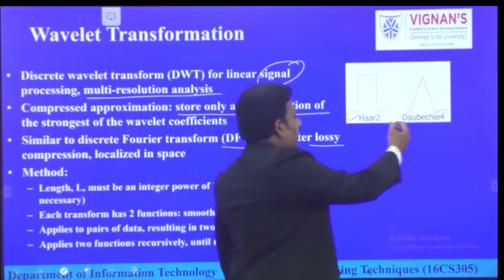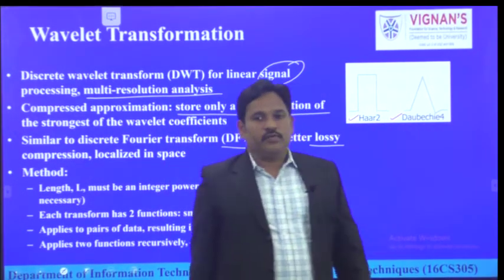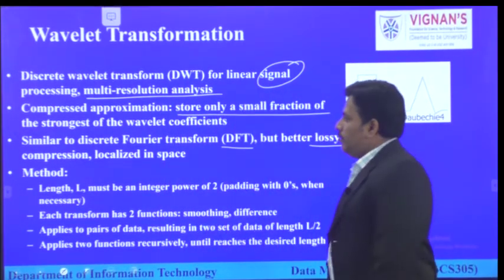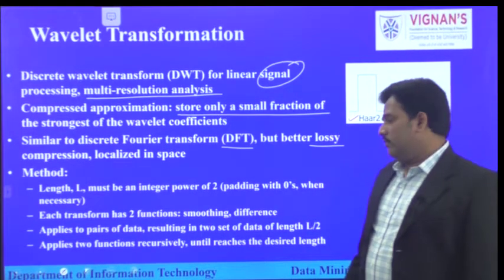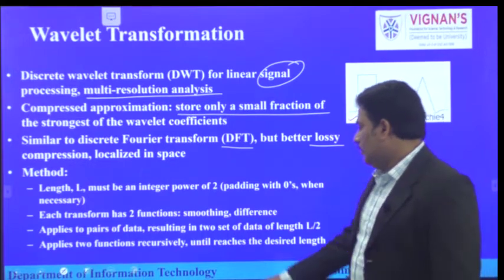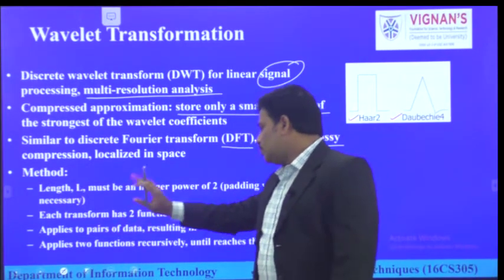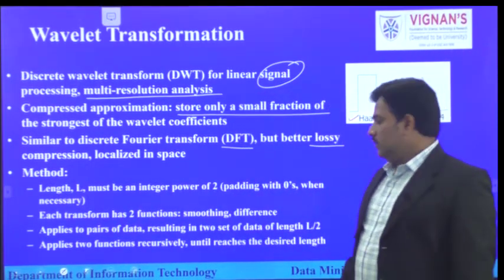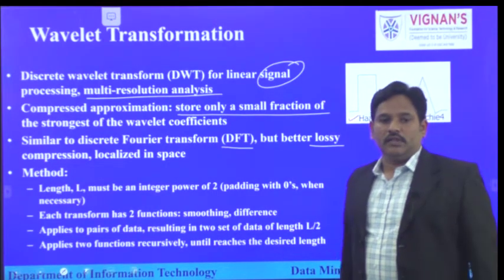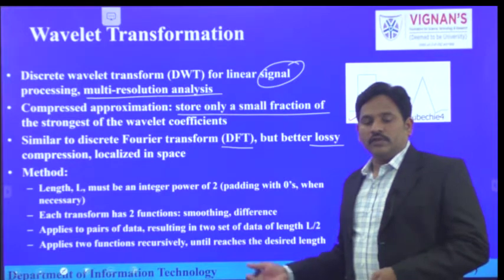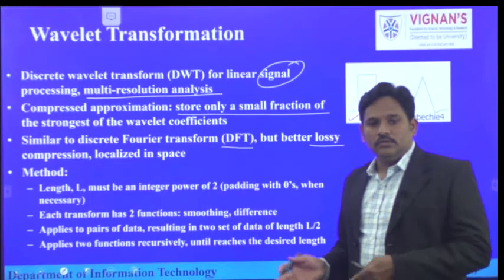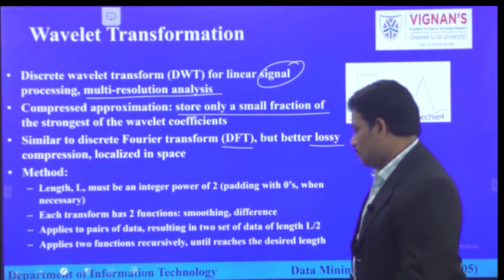These two are the commonly used signals or frequencies used to apply Fourier transform or wavelet transform approaches. Each transformation has two functions: smoothing and taking the difference between the two signals. Smoothing will eliminate the noise, and the difference will give the comparison between two signals to find out the best one.